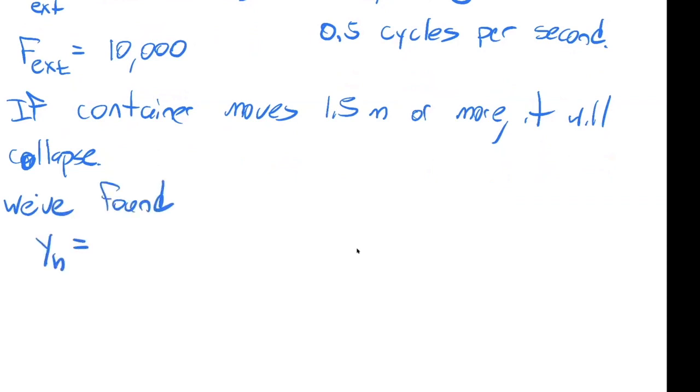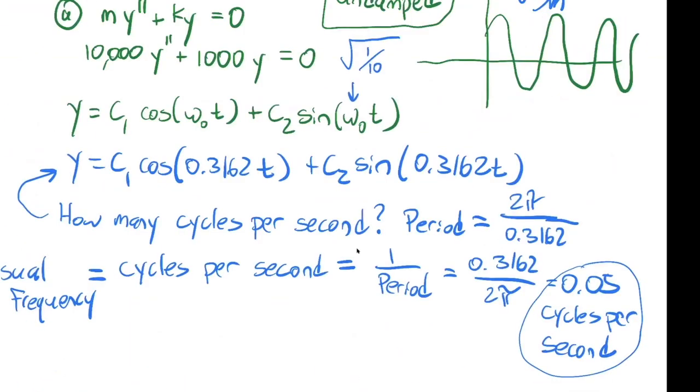And what we found so far was the homogeneous solution, which was C1 cosine of, what do we have?